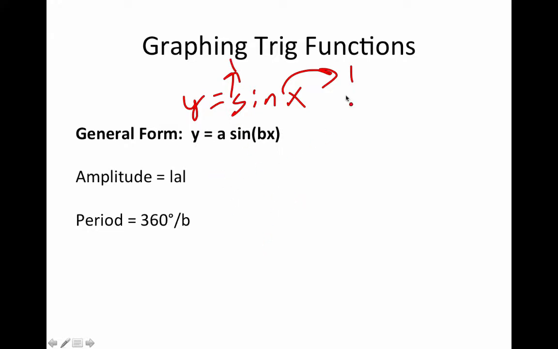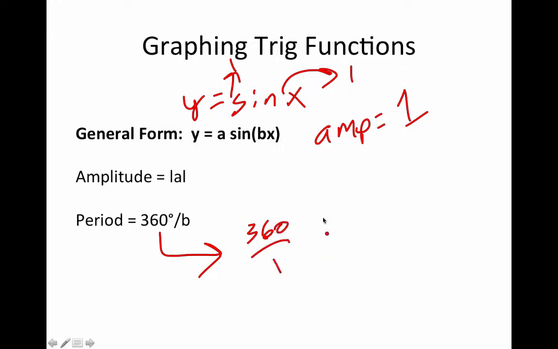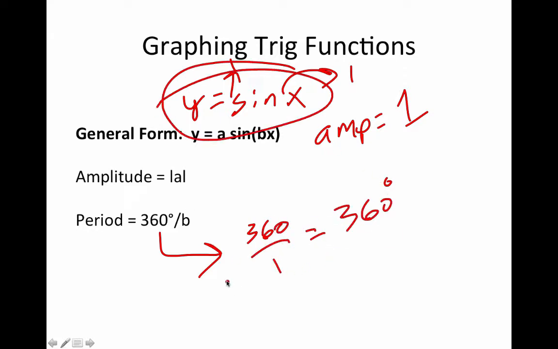We don't see them there. That's why we said the amplitude was equal to 1, the absolute value of a. If that's negative, we always say the amplitude is positive. And then the period, 360 over 1, gives me 360 degrees for my period. That was for the general one.